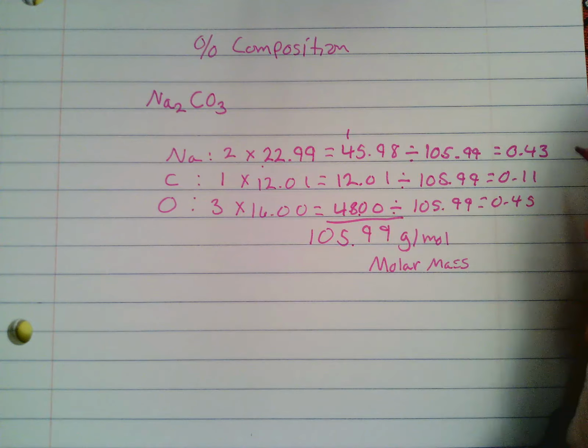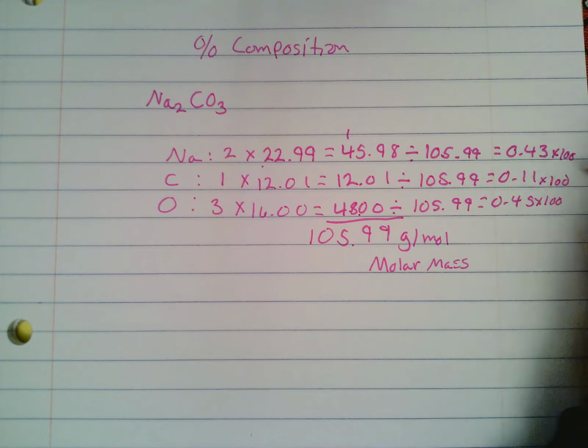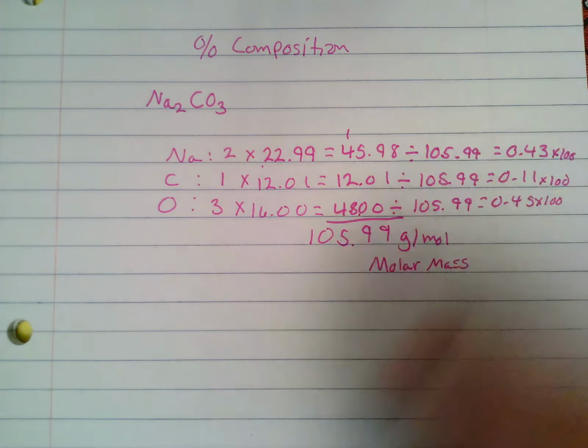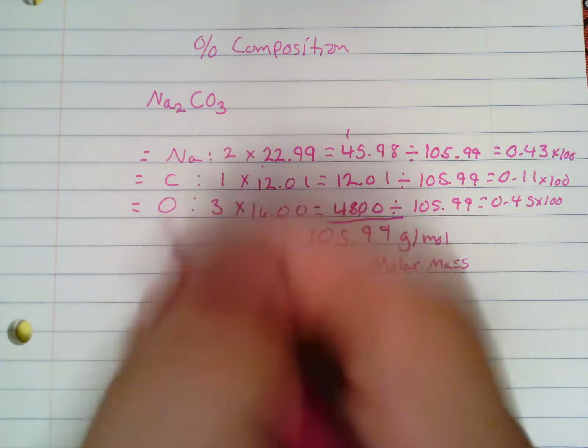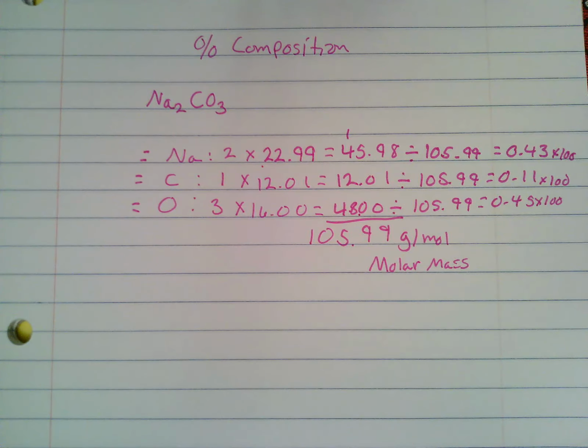Now at this point, we need to take each one and multiply them by 100. That will give me percentages, because that is what we want, percent composition. I'm going to put these answers over here to the left so you can see our final answers. If you're remembering a little bit of your math, you just move the decimal twice.